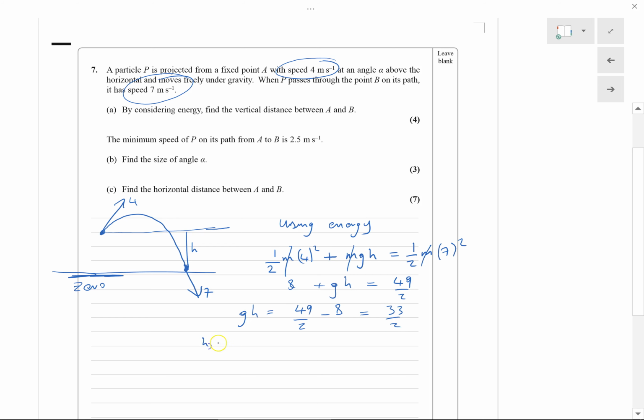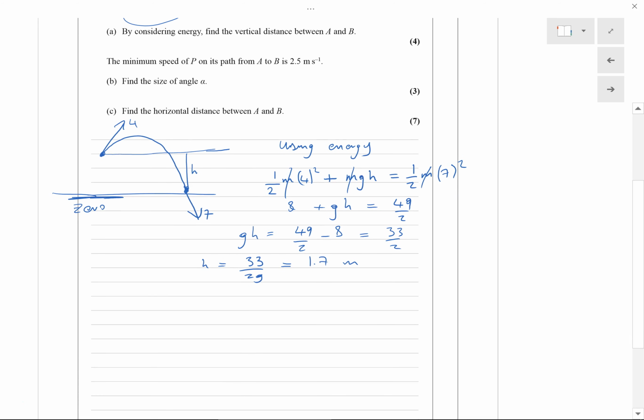So H is equal to 33 over 2g. Okay, and if I work that out, that's equal to 1.7 meters to 2 significant figures, which is probably what we want to give because of the use of g. Okay, so that's part A. Nice, easy 4 marks, if you didn't get confused by the fact that it had to be below.